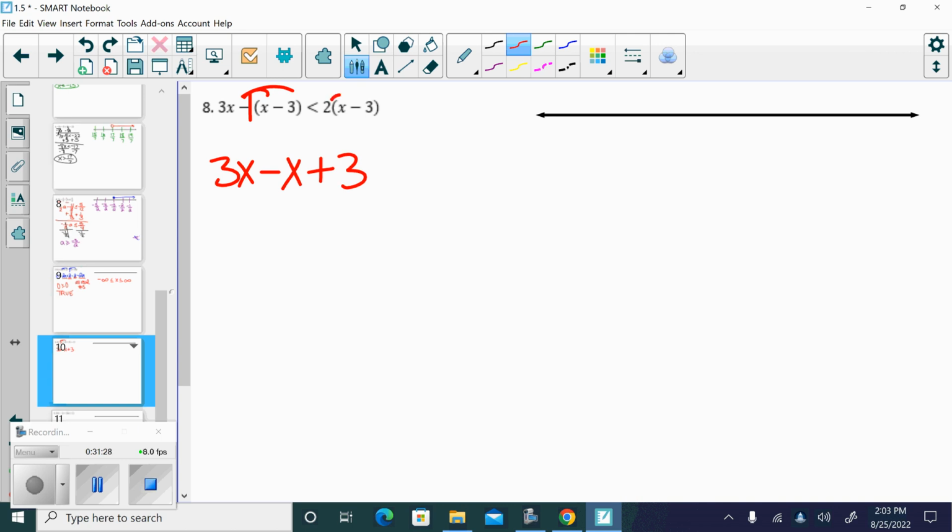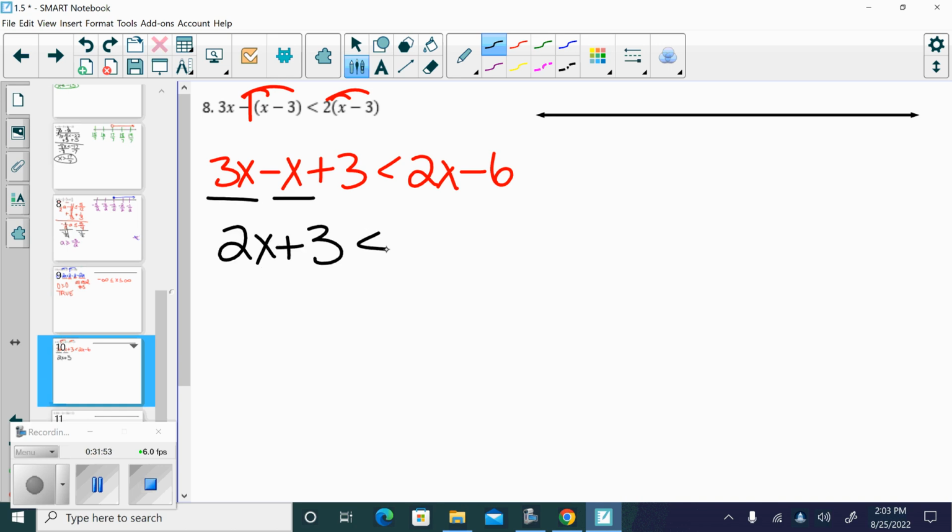And then when I distribute in the 2 over here, I have less than 2x minus 6. Okay. What can I do on that left side? Combine like terms. I have a 3x and a negative x. What does that become? 2x, yes. 2x plus 3 is less than 2x minus 6.